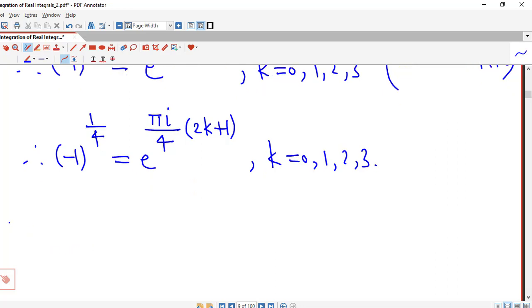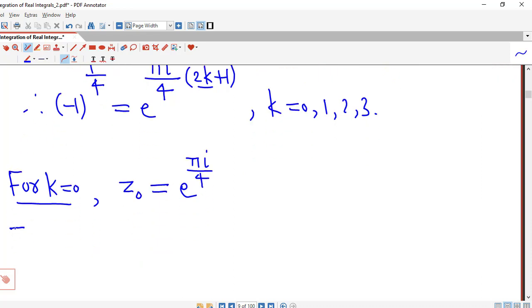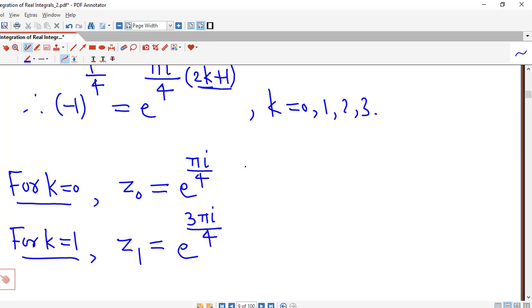Suppose I put k equal to 0 and denote the corresponding root by z0. For k equal to 0, I obtain e raised to pi i divided by 4. For k equal to 1, the corresponding root is denoted by z1. If I put k equal to 1 here, I have 2 plus 1, 3, so I obtain e raised to 3 pi i divided by 4.